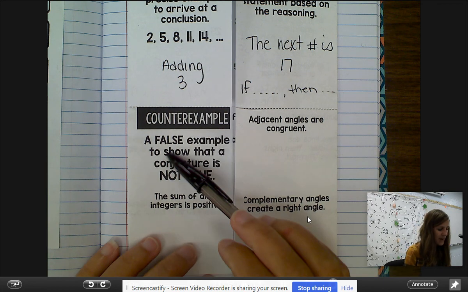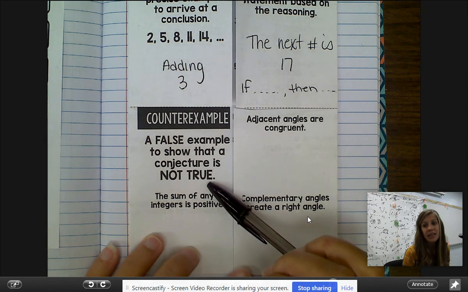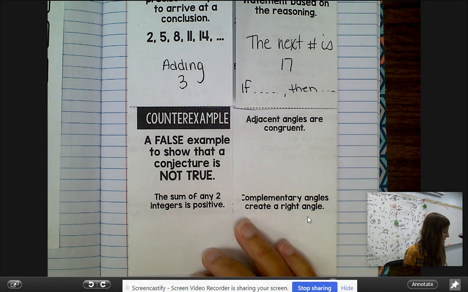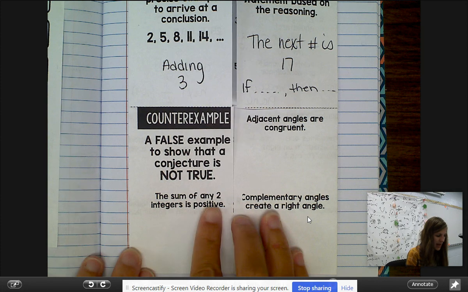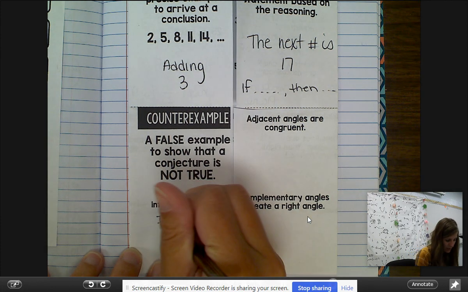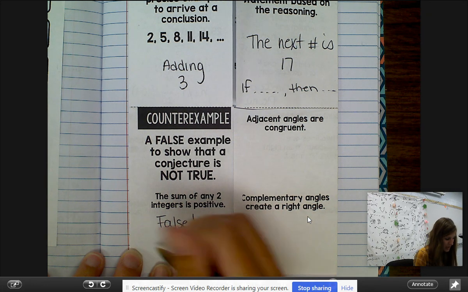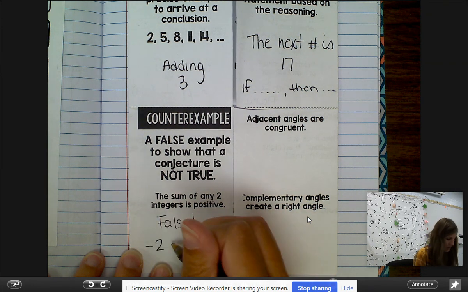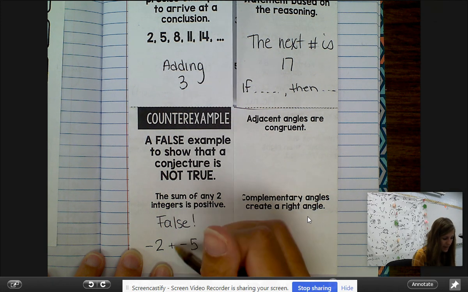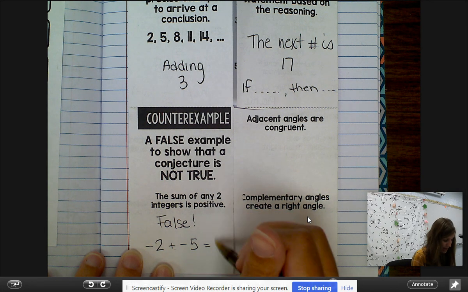Okay, so if I can find a false example to show that a conjecture is not true, then I've found what's called a counterexample. So for instance, the sum of any 2 integers is positive. Well, that's false, because if I take 2 integers, let's say -2 and -5, those are both integers. If I add them up, that result is not positive.